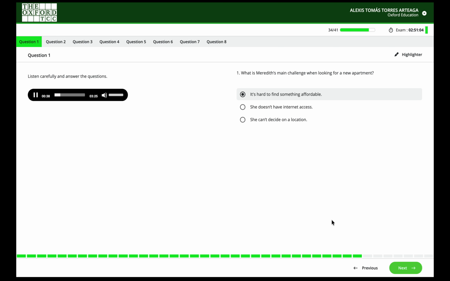I get that. It's important to find someone compatible. Maybe you should ask around among your friends or colleagues to see if anyone is also looking for a roommate. That's a good idea. I'll give it a try. What about you? How did you find your current apartment? I actually found it online through a rental website.